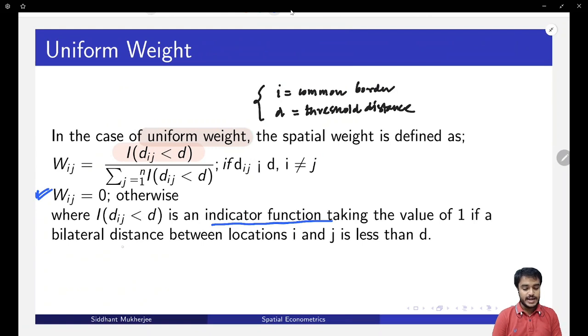Otherwise, the indicator function takes the value of 1. Okay, for this uniform weight matrix, if the bilateral distance between two locations i and j is less than d, it takes the value 1, because we know that wij equals 1 if they have contiguity, and 0 if no contiguity, right?